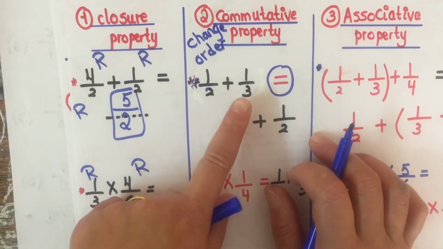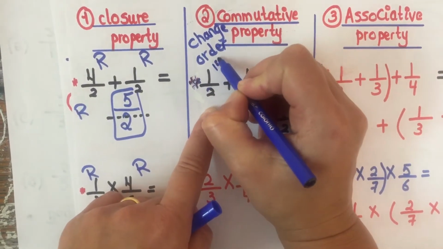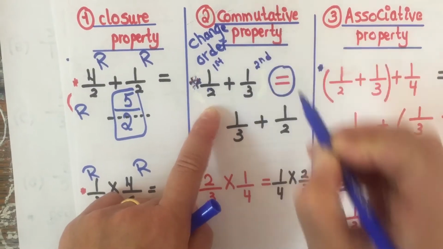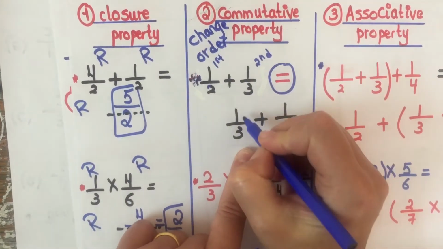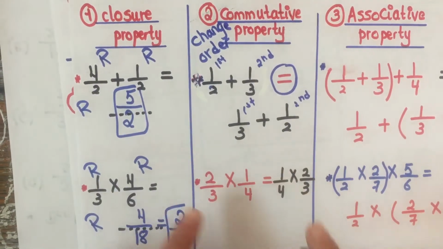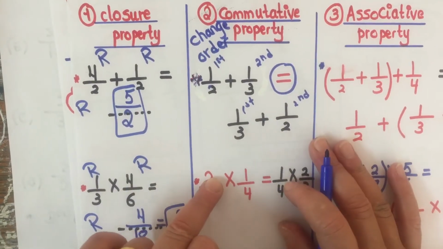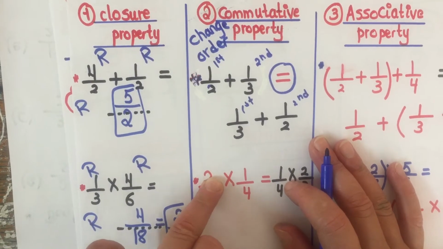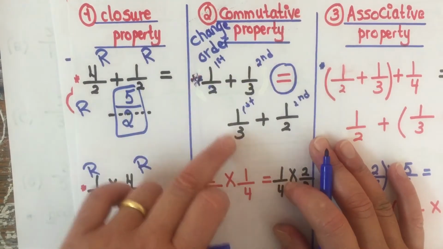Half here is first and third here is second. What did I find after equal? Third became first and half became second. So I just changed the order. If I change the order, will I reach the same answer or not? Yes. So he put the equal sign between both of them.